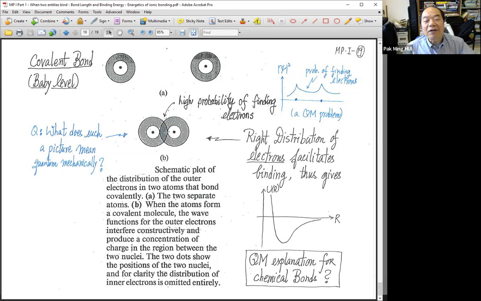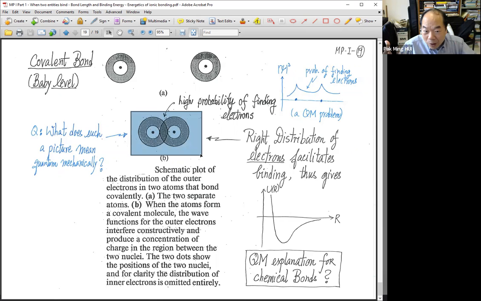Now, the question becomes how to set up the Schrödinger equation when you have two nuclei at a certain separation and you have 7 electrons, for example.